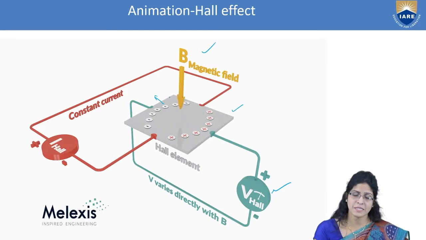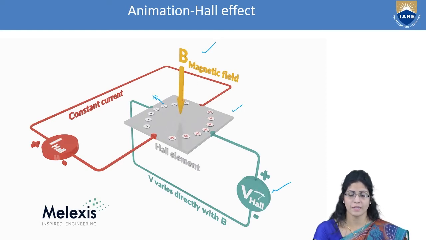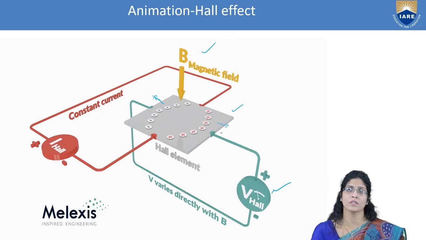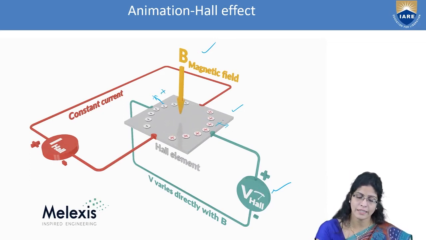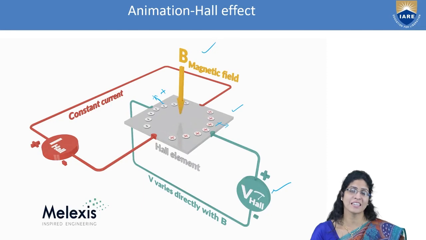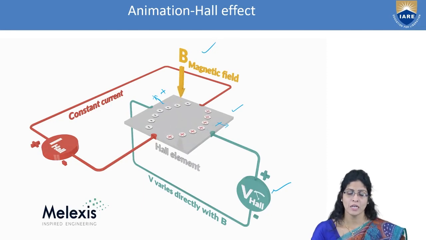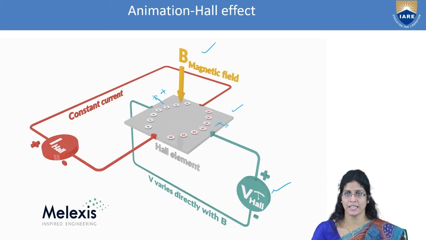And if it is a P-type semiconductor, the majority charge carriers go to one side. The rest of the charge carriers, the holes or the electrons, will move towards the other side, leaving a positive charge and a negative charge on either side of the current carrying conductor. If you take the probes of a voltmeter and connect them, it will read a voltage being formed. This voltage which is formed is nothing but the Hall voltage.